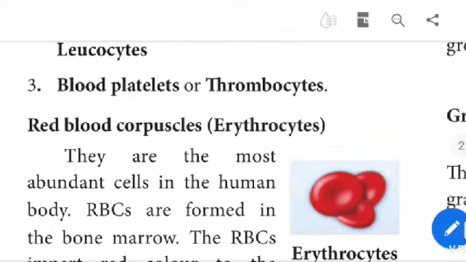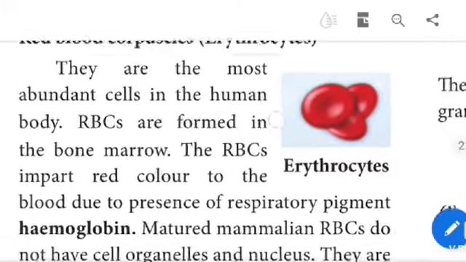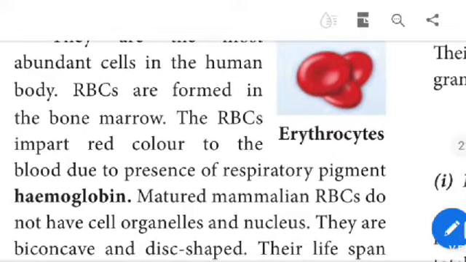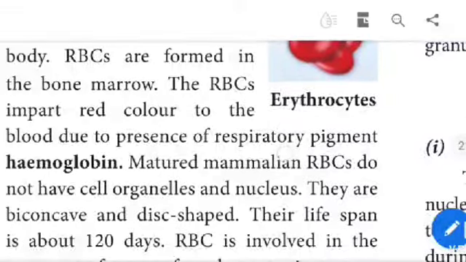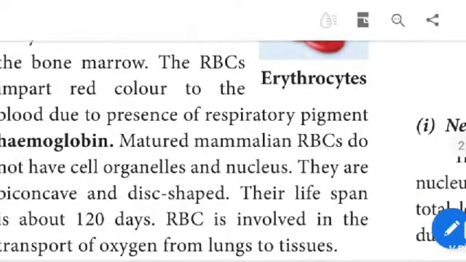First, the red blood corpuscles, erythrocytes. They are the most abundant cells in the human body. RBCs are formed in the bone marrow. The RBCs impart a red color to the blood due to the presence of the respiratory pigment called hemoglobin.